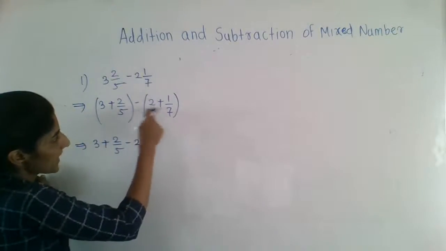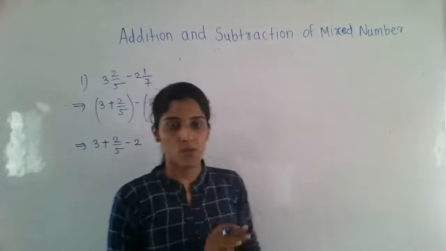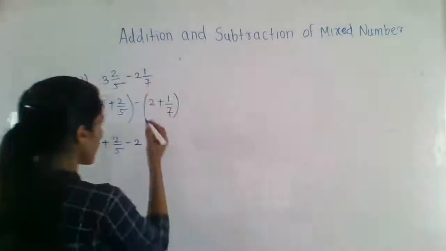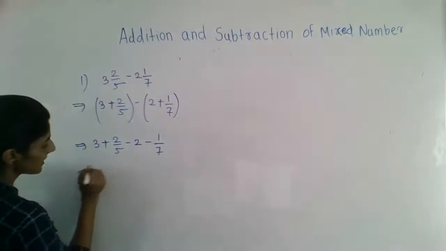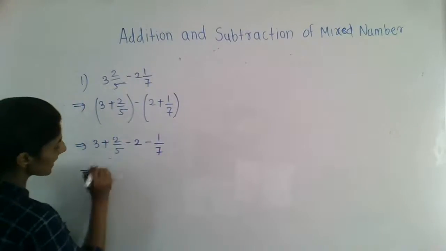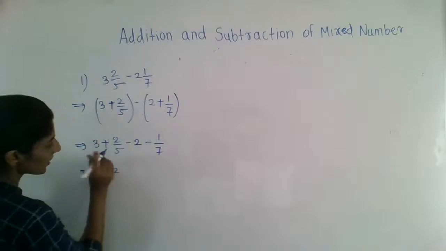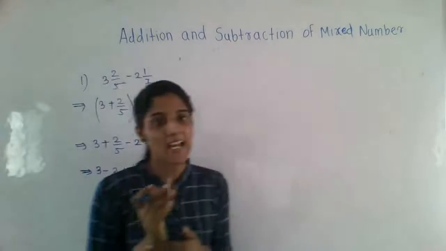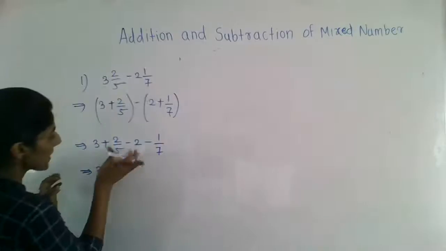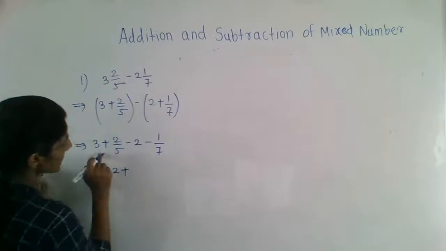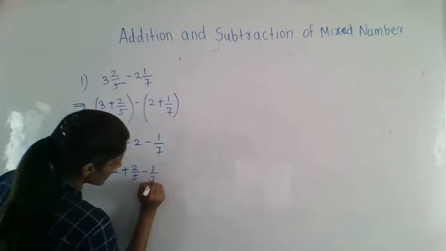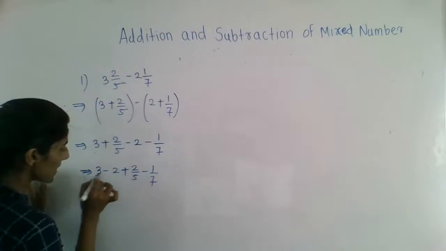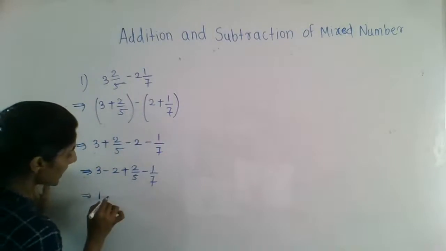Now plus minus will be minus, that is minus 1 by 7. Now we have 3 minus 2; we subtract these numbers directly. Therefore 3 minus 2, plus sign as it is, 2 by 5 minus 1 by 7. 3 minus 2 equals 1 plus.